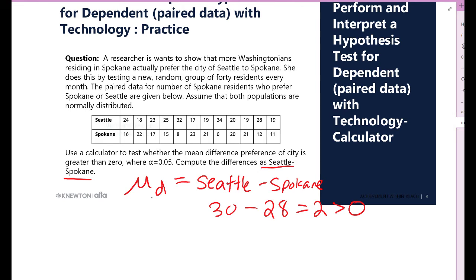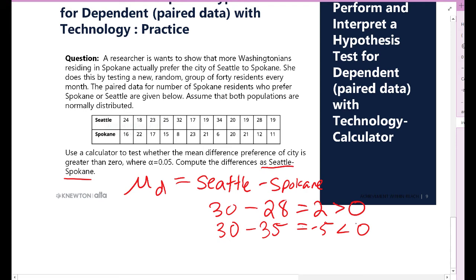On the other hand, if you're trying to test if people like Spokane more, and your difference is still Seattle minus Spokane, now Spokane's a bigger number. Let's say Seattle was 30, and we're claiming that now Spokane has more people that prefer it. Let's say 35 people like Spokane. That's the case where Spokane has a larger number. In that case, the difference is a -5.